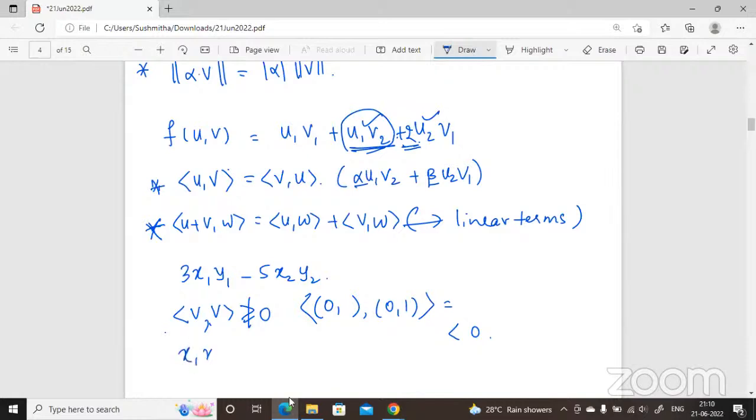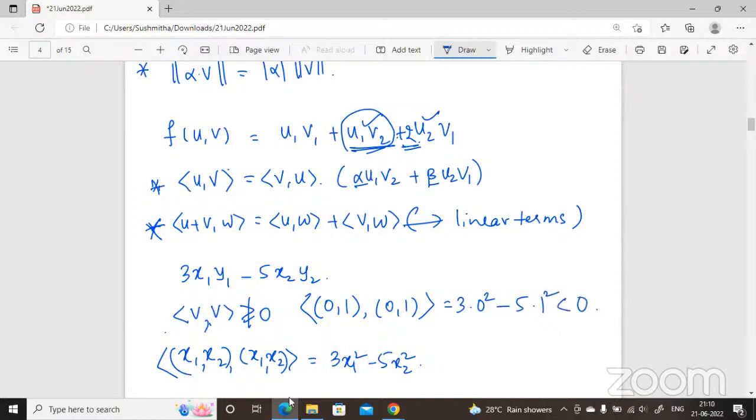Inner product of x1 comma x2 with x1 comma x2 is going to be 3 times x1 squared minus 5 times x2 squared, right? So this will still work.